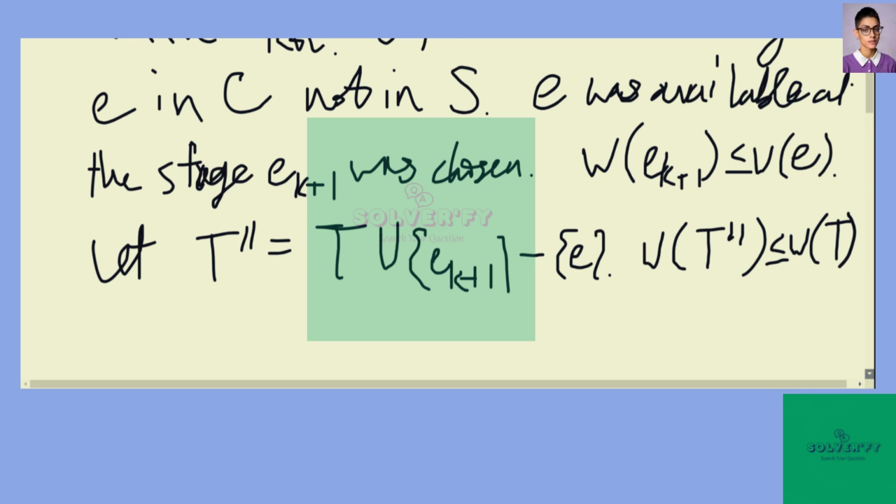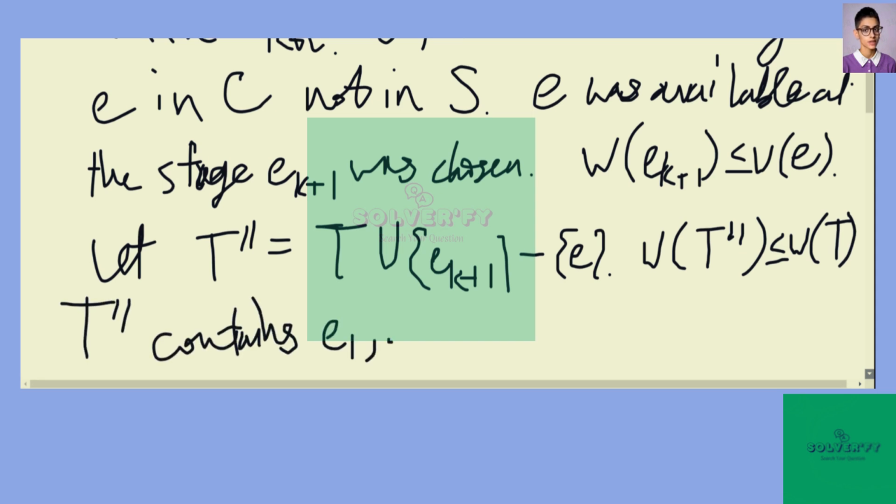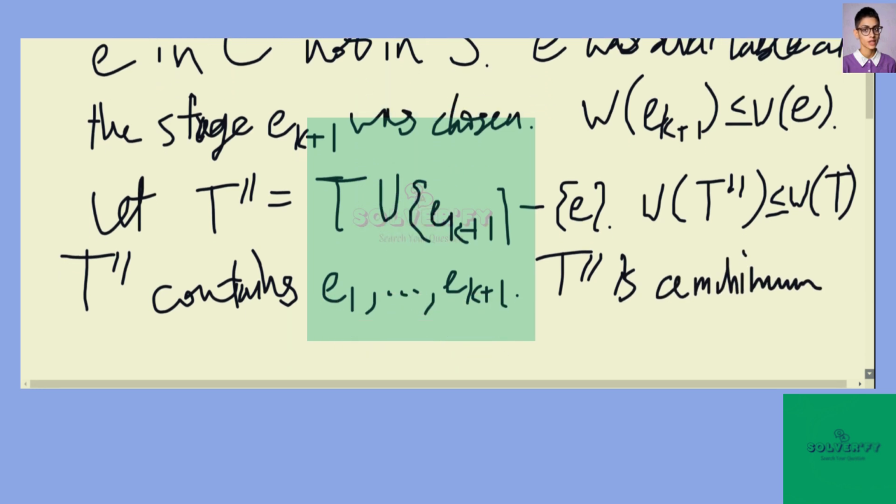So it follows that T double prime contains the edges E1 through EK plus 1. And we also have that T double prime is a minimum spanning tree.